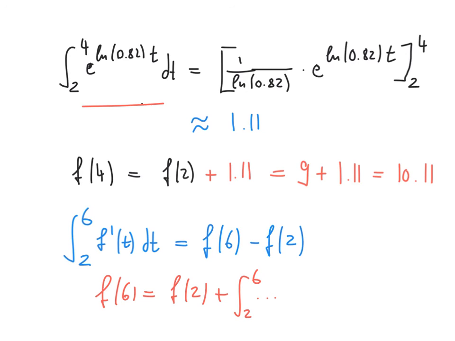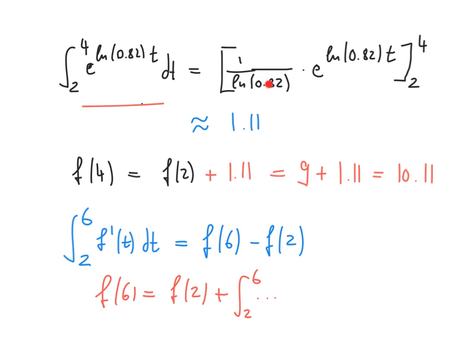We now need to evaluate this definite integral from 2 to 6. But by the fundamental theorem of calculus again, this is just evaluating this function at 6 and at 2, and subtracting the two from each other.